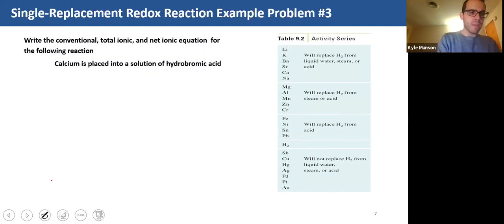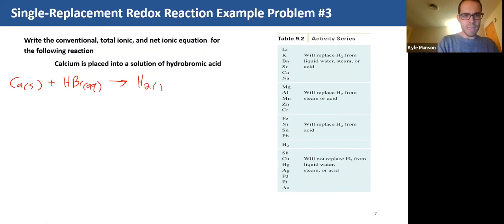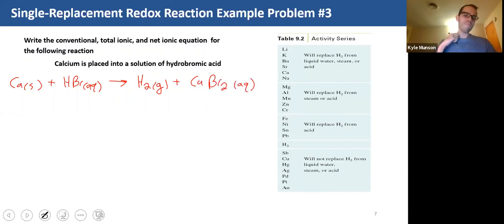Okay, so let's do the conventional first. So we have calcium. I'm just going to go kind of fast here. Placed in hydrobromic acid. It's a strong acid. So if you remember from that video, it's going to completely break apart when we do the net ionic equations. It gives me hydrogen gas plus calcium bromide aqueous.